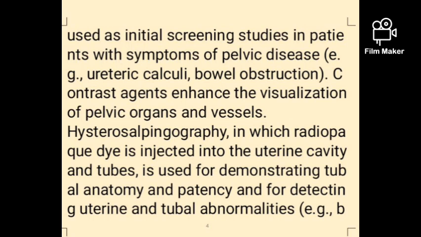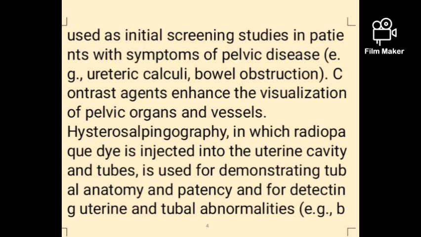Hysterosalpingography is very important as far as radiographic examination of the pelvis is concerned. In this procedure, radiographic dye is injected into the uterine cavity and tubes, and it enables you to study and demonstrate the anatomy of the uterine tube and also to appreciate tube patency.